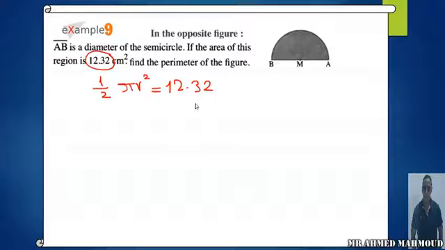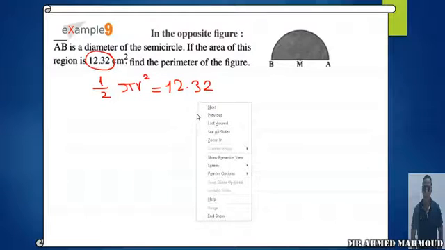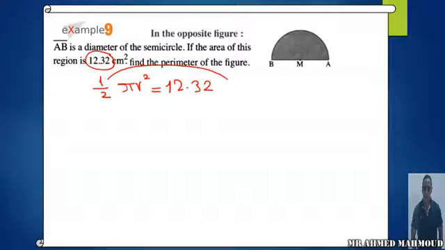Now I'm going to send half to the other side to be divided by half. Then pi times r power of 2 equals 24.64.